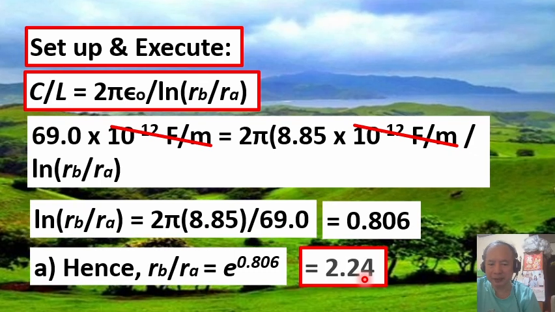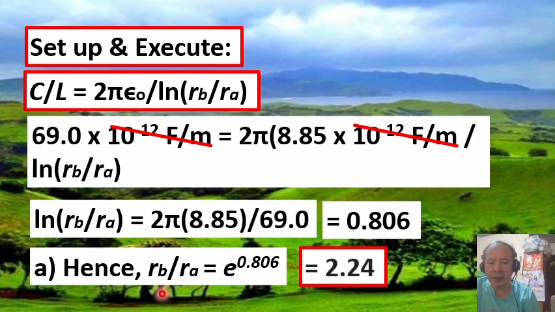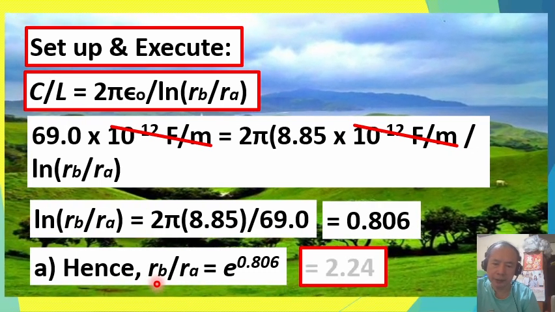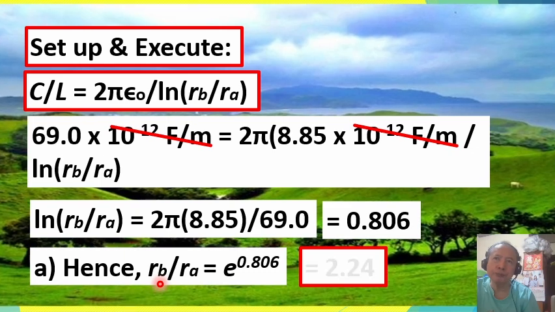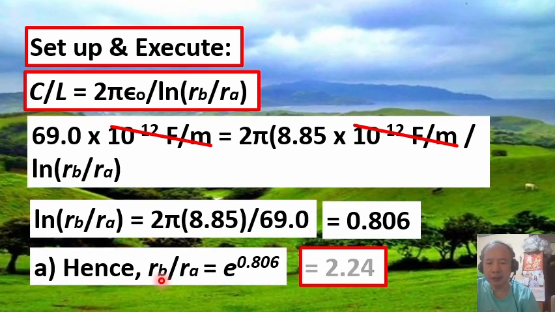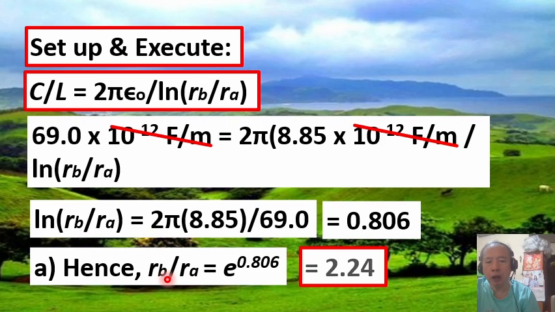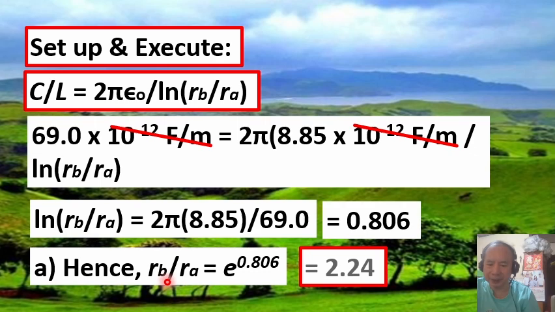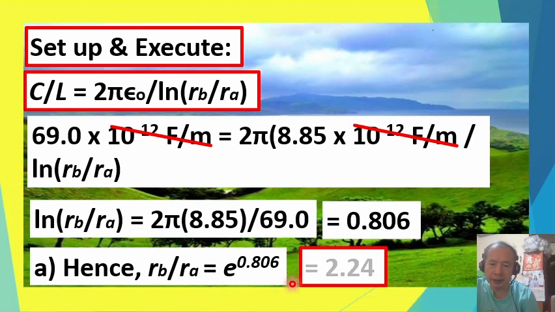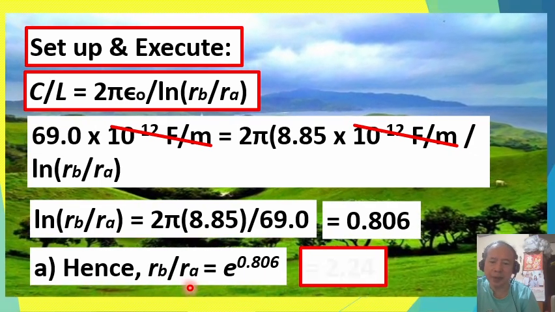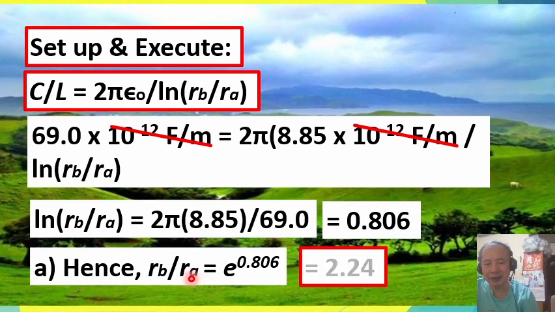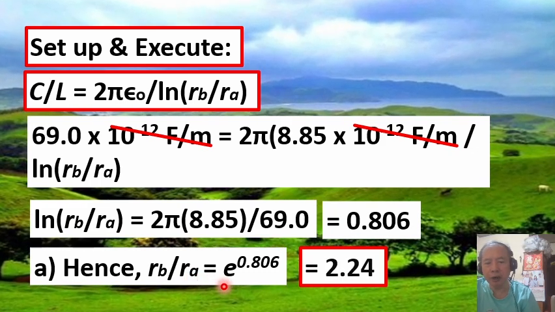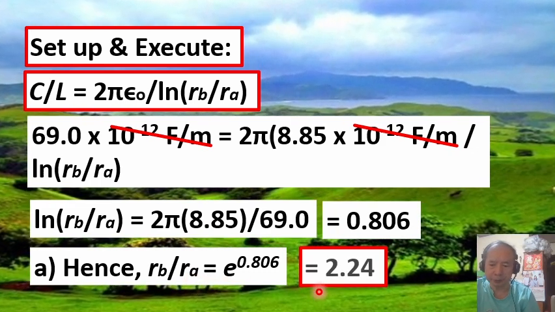As expected, the value of the radius R sub B, the inner radius of the outer conductor or outer cylinder, is indeed greater than R sub A, the outer radius of the inner cylinder or conductor.